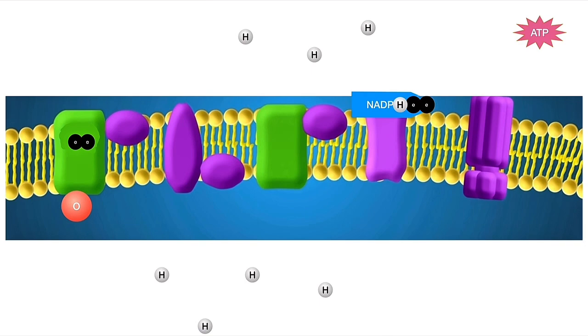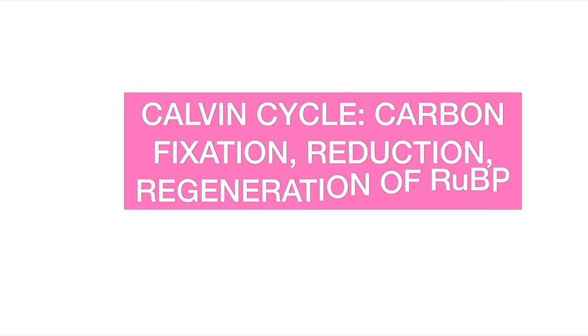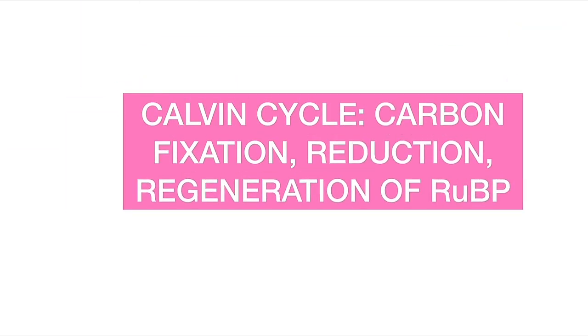NADPH is an electron carrier, and it is another key product of the light-dependent reactions. It carries electrons and hydrogens to the next set of reactions in photosynthesis. Both ATP and NADPH are critical products of the light-dependent reactions that are needed to make sugar in the Calvin cycle.